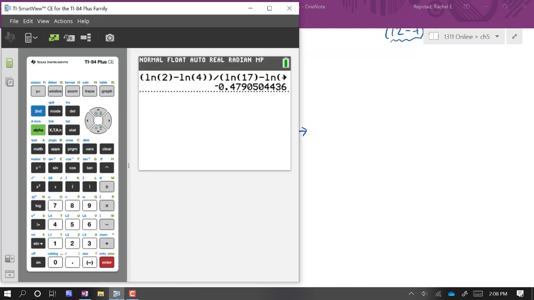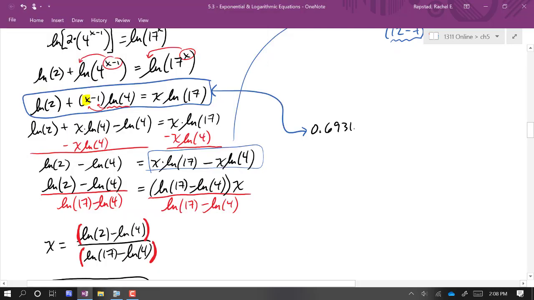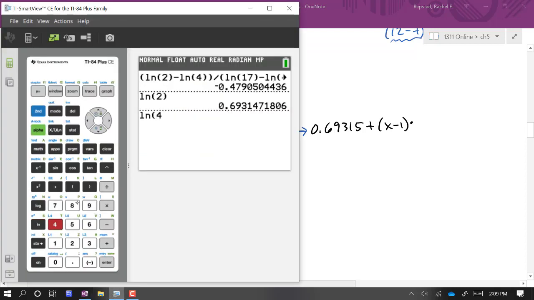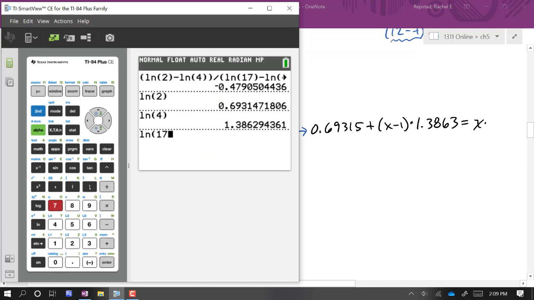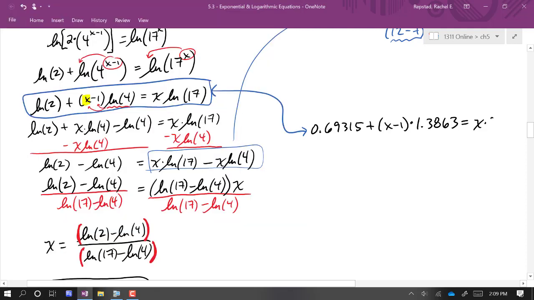So ln 2 is 0.69315, plus, and then x minus 1 times ln 4 is 1.3863, equals x times, and ln 17 is 2.8332. And you could solve that equation out.